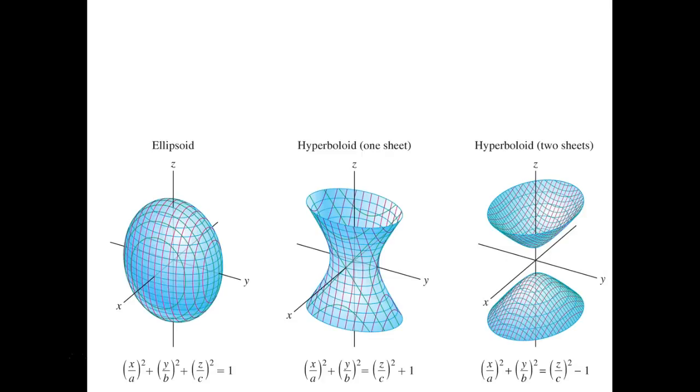looks just like this one except for a minus 1 here. And that minus 1 really limits you because here's one reason. X, y, and z can never all be 0. In fact, x and y can be 0, then z is equal to plus or minus c, okay?